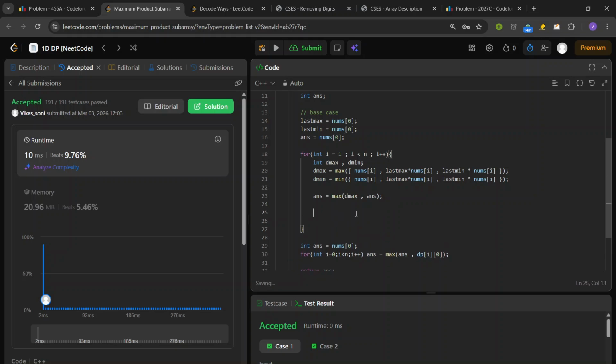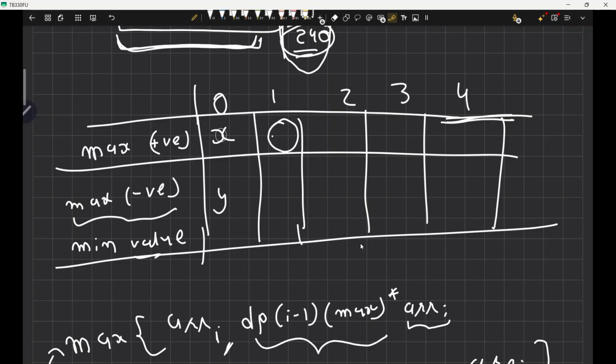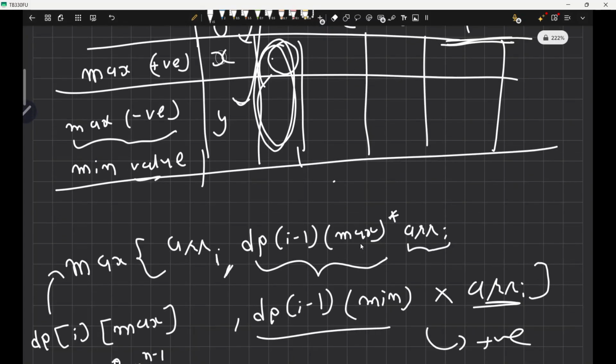So what I did is, let's say I was counting the values at this dp at this first index, right? I have these two values, the last min and last max. I calculated these two values and stored them in this d max and d min.